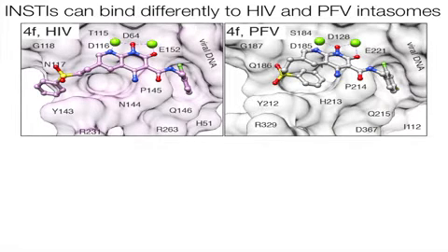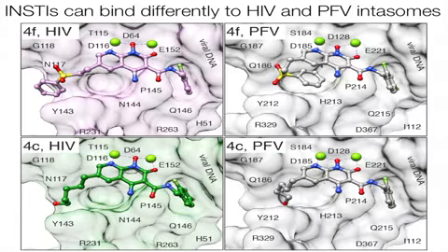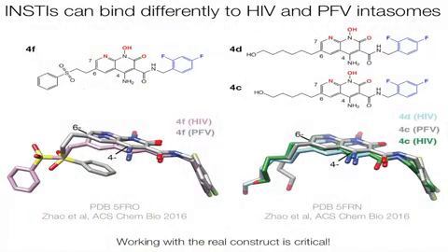Likewise, if we look at the compound 4C when it's bound to the HIV intasome, the R1 pentanol group extends out toward the bulk solvent, similar to the compound 4F. However, when it's bound to the prototype foamy-virus intasome, the group again adopts a configuration that is shifted closer to the naphthyridine core. Here's a more direct comparison.